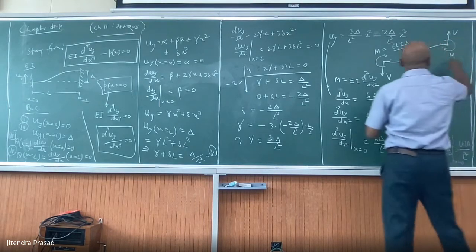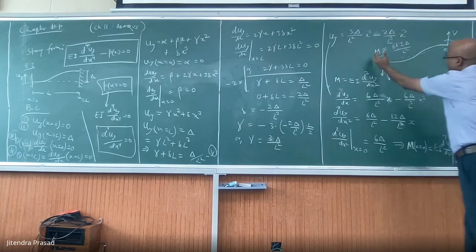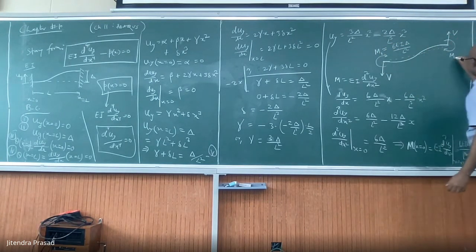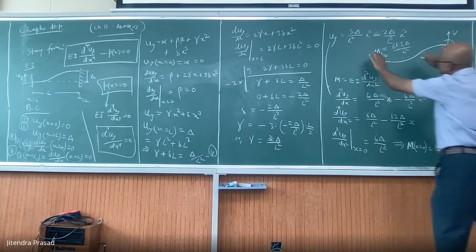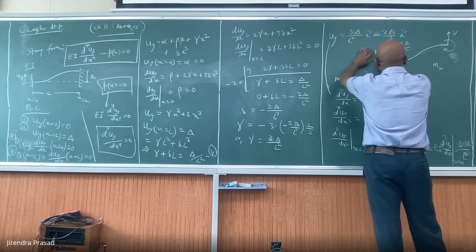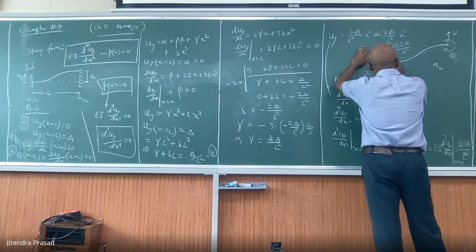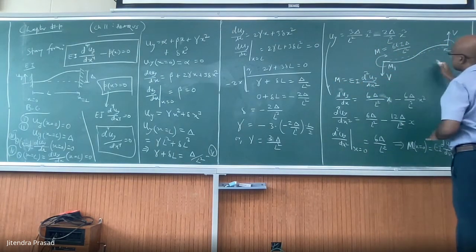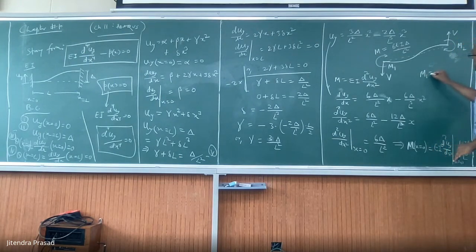So m as such we are writing as m1 is like this one, and m2. Probably we write, let's call it m only, and we call it m1, we call it m2. Yeah, and we say that m1 is equal to minus m2.